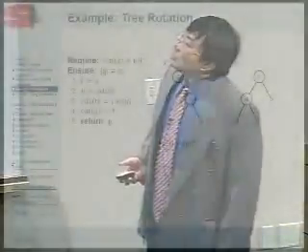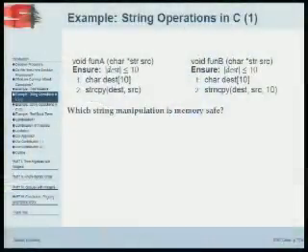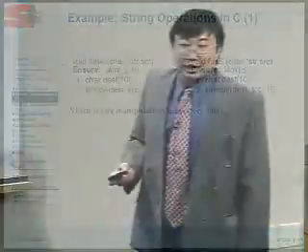Now, string operations. In the left code, function A is not safe because there's no boundary check. There could be a buffer overflow risk. Function B is safe because we use strncpy, so we won't go beyond the space we have declared.